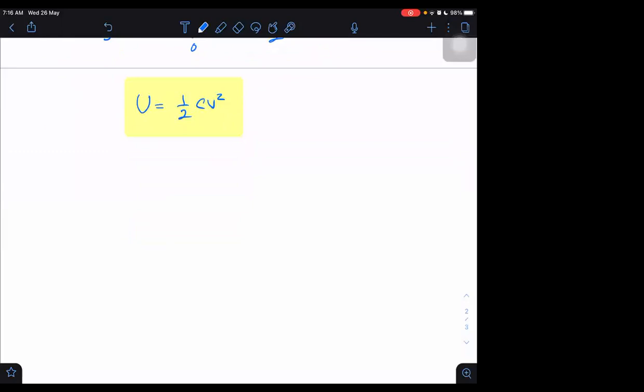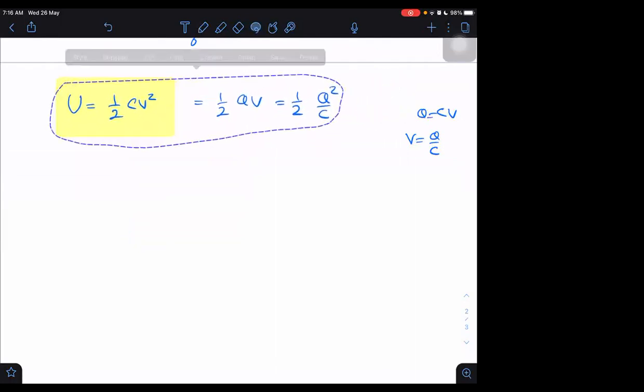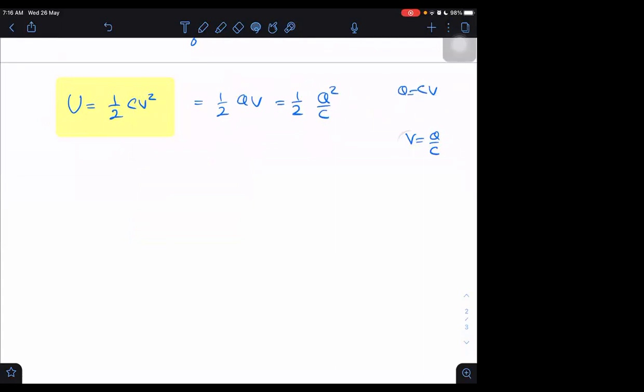Another way is half Q into V, and the third way is half into Q square by C. The reason is that we can replace CV with Q, or replace V by Q by C. Using this formula, we are able to write it in these terms.